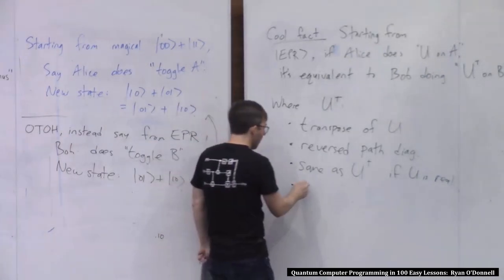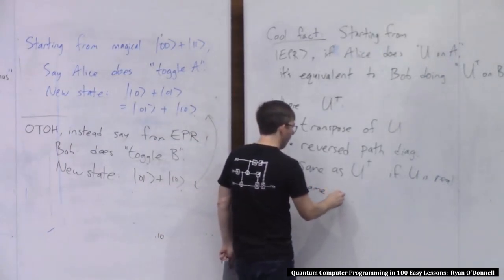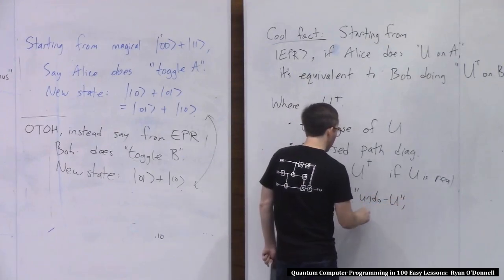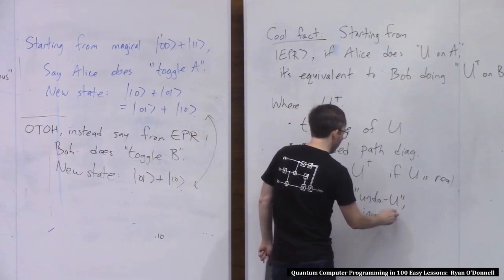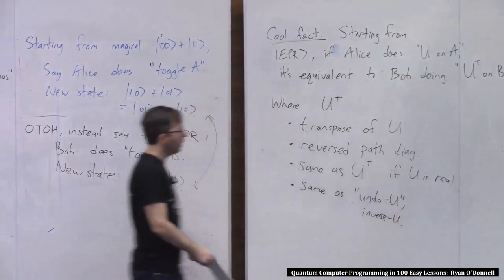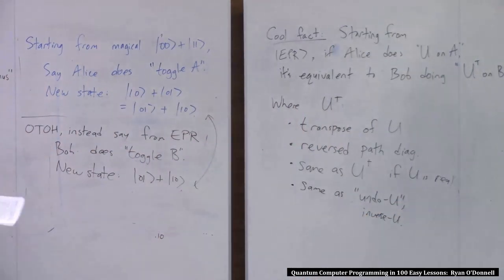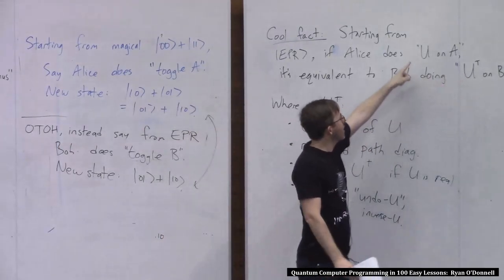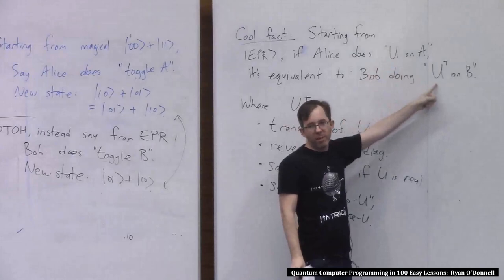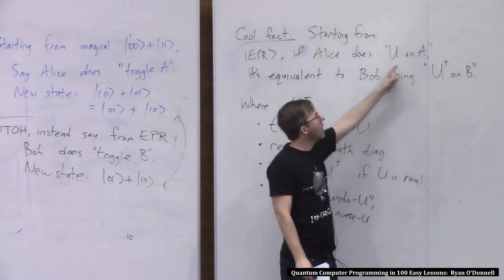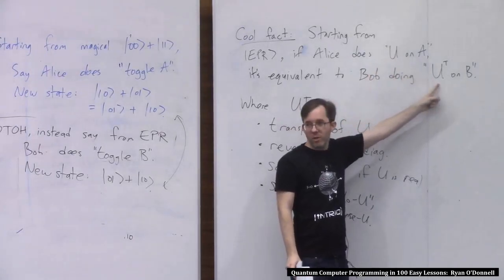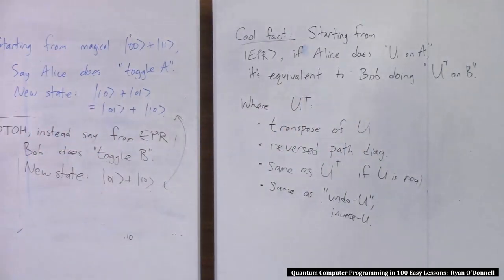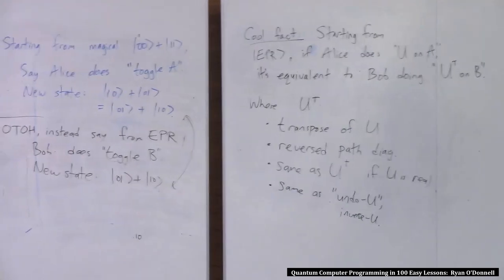And this is the same as the undo or inverse of U. And that's because U is unitary. So long story short, this is the undo of U. So if this is rotate by 30 degrees, this is rotate by minus 30 degrees. Or if this is toggle, this is also toggle, because toggle is the undo of toggle. Okay, and that's the more cool generalization of this fact.